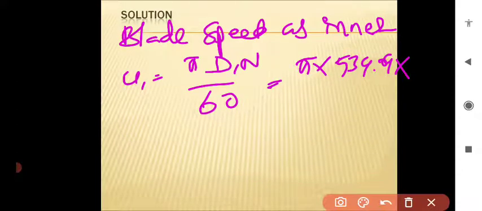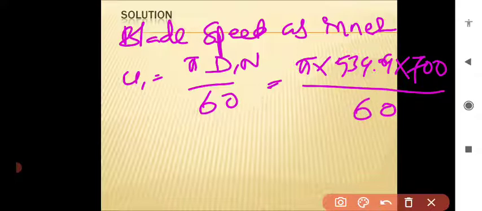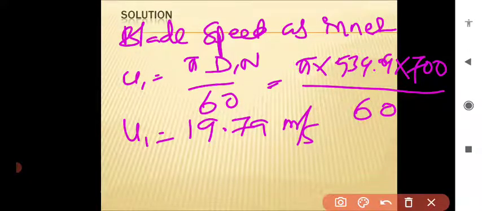N is equal to 700 rpm by 60. If you calculate it, you will get the u1 value is equal to 19.79 meter per second.